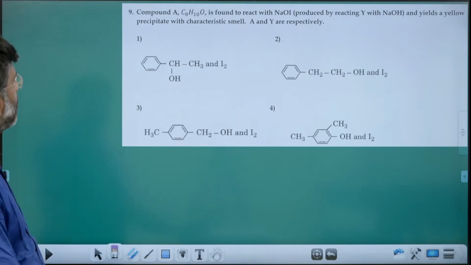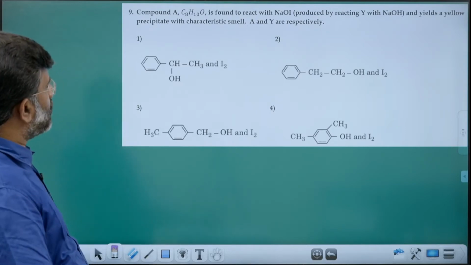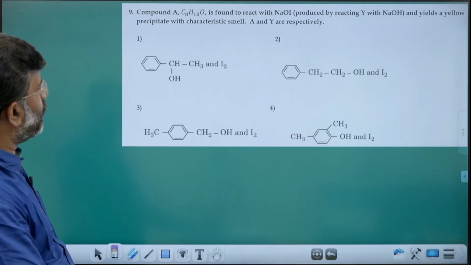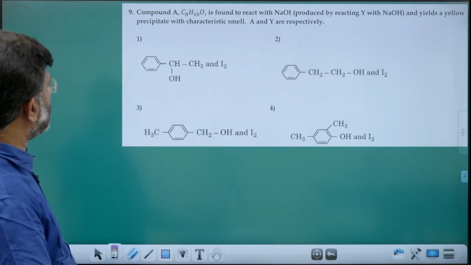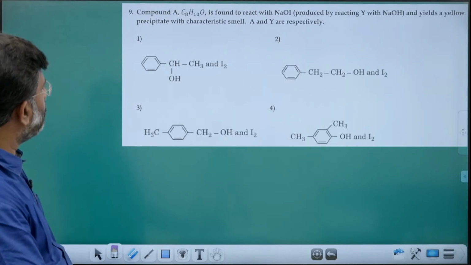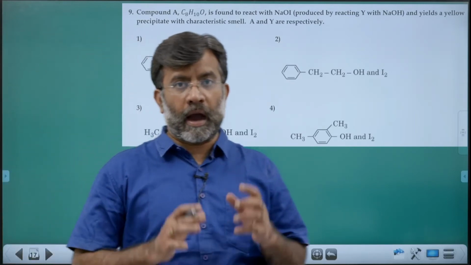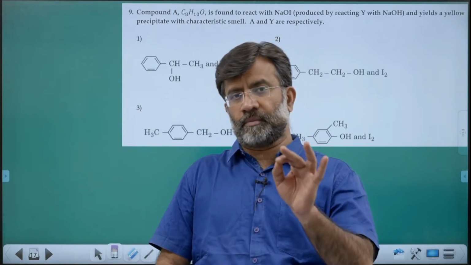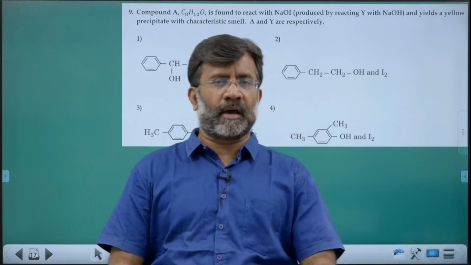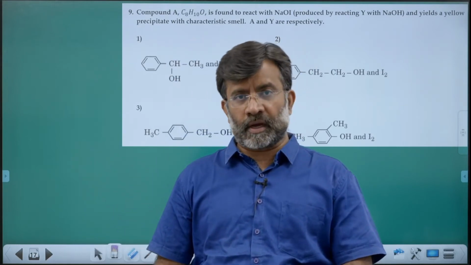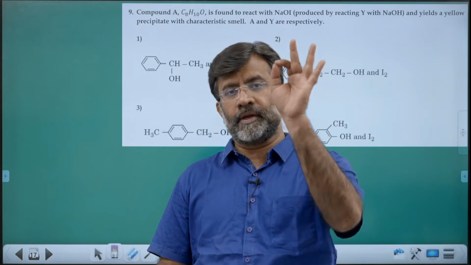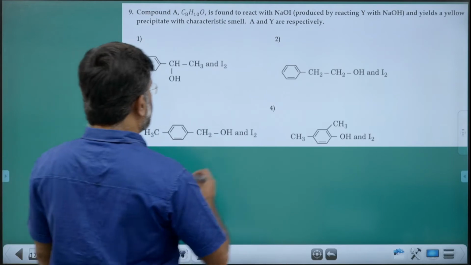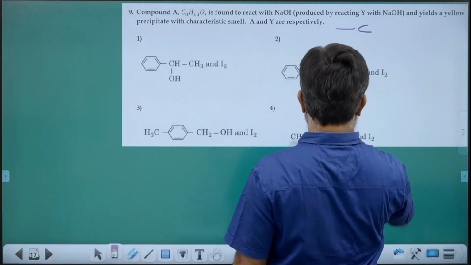The compound C4H8O is found to react with NaOI, produced by reacting Y with NaOH, and yields a yellow precipitate with a characteristic smell. This is a question connected to the iodoform test. Iodoform test is given by those molecules, except carboxylic acid and derivatives, which contain a methyl keto group or a methyl carbinol group.